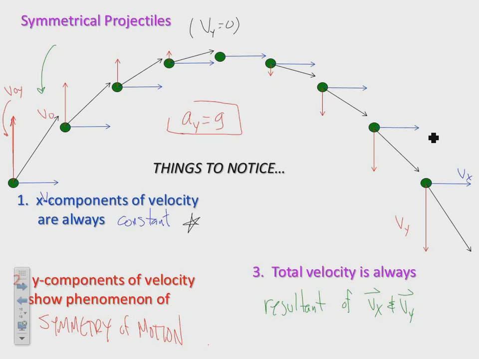So that's one thing. The total velocity is always the resultant of x and y. And the other thing about the total velocity is that at any instant, it's tangent to the actual curve or trajectory.